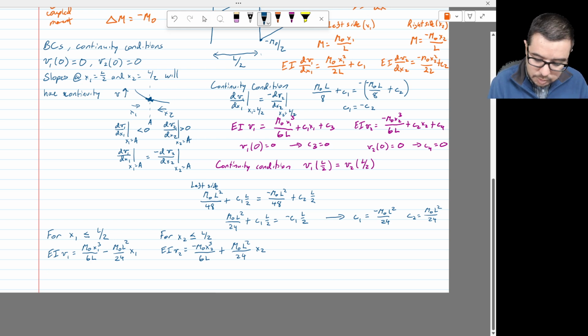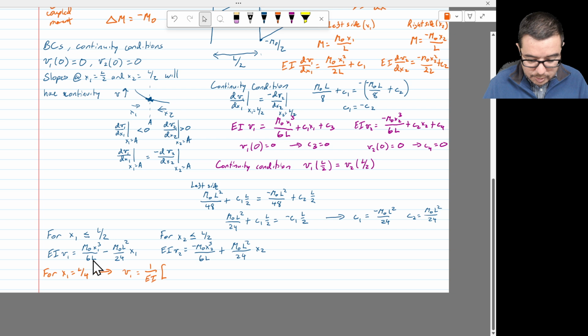Let me change colors again. For x1 equal L over 4, we can write EI v1, since I was asking for this. Then we want to write 1 over EI, and 4 times 4 times 4, that's going to be 64.